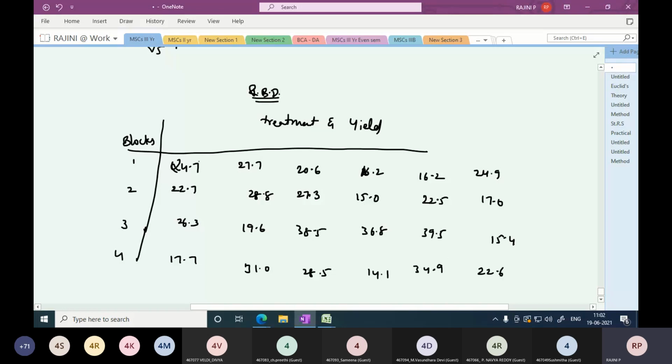Okay, what are the treatments here? It is 1, 3, 2, 1, 3, 2, 4, 5, 6. And next one is what? 3, 2, 1, 4, 6, 5.